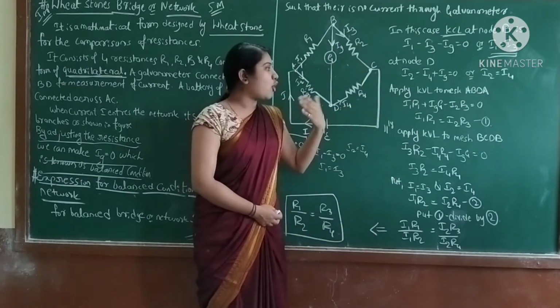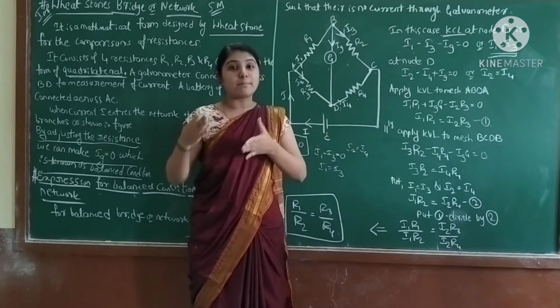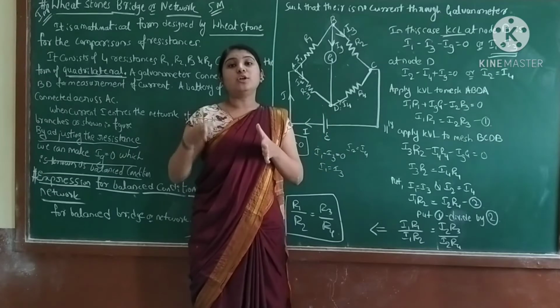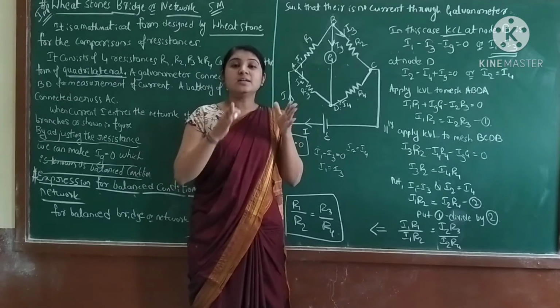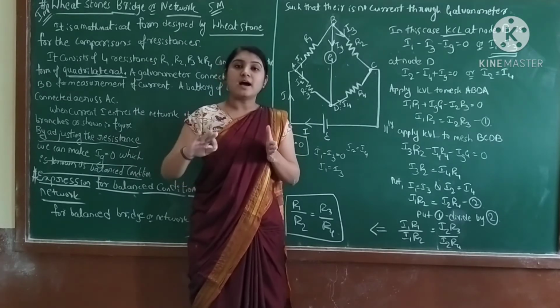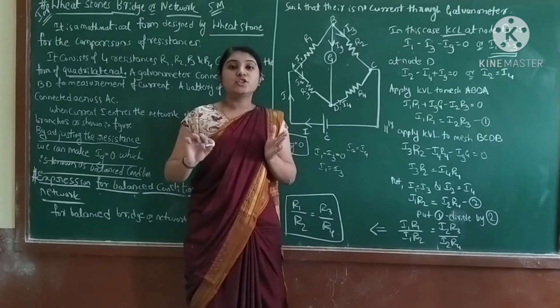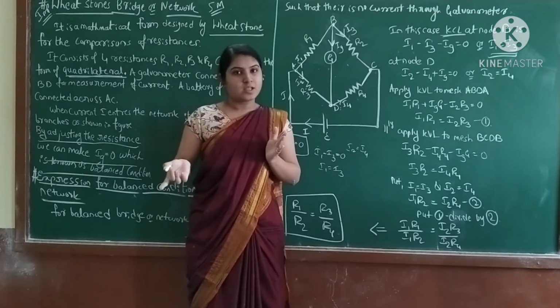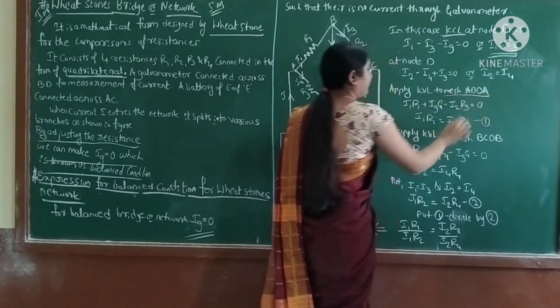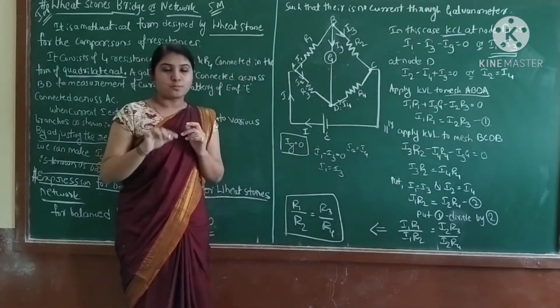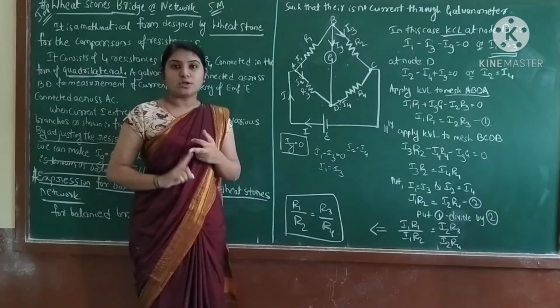After this we are going to apply Kirchhoff's voltage law. First we applied Kirchhoff's current law, now we are applying Kirchhoff's voltage law to the mesh ABDA. For the loop, or the mesh, we are applying the voltage law.